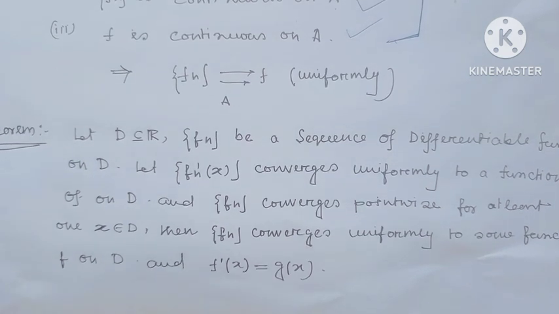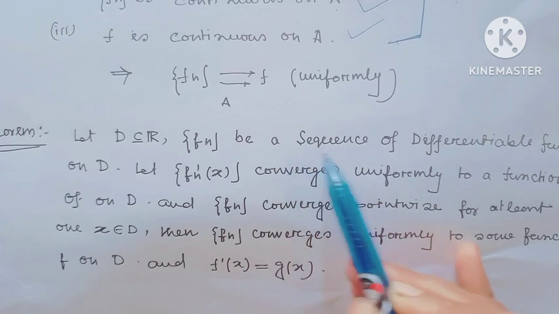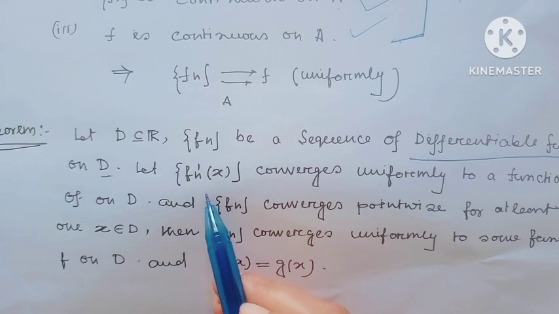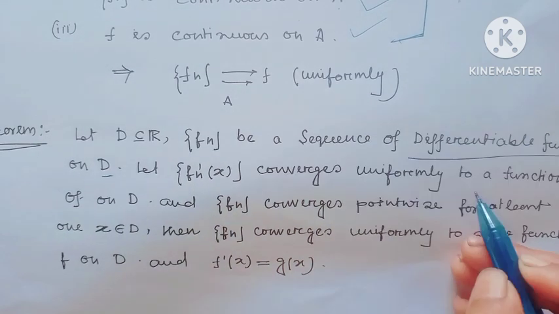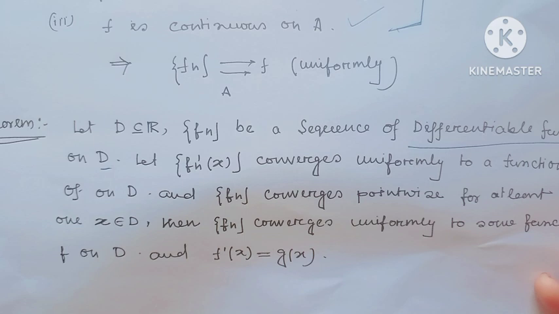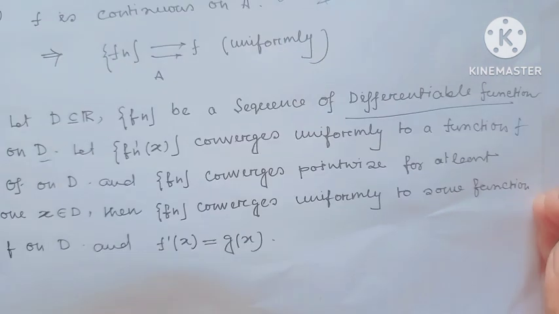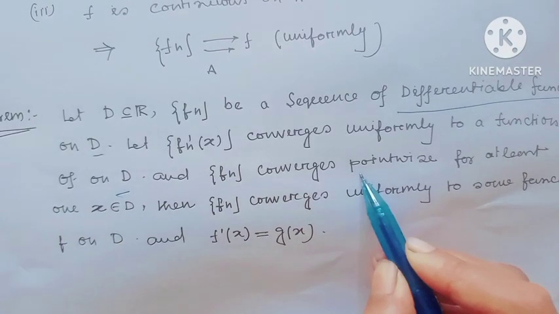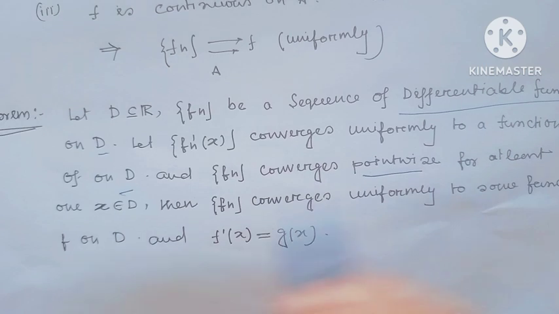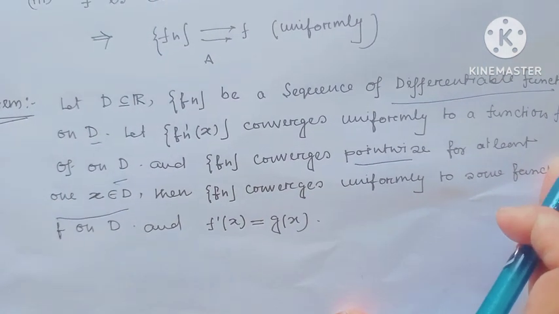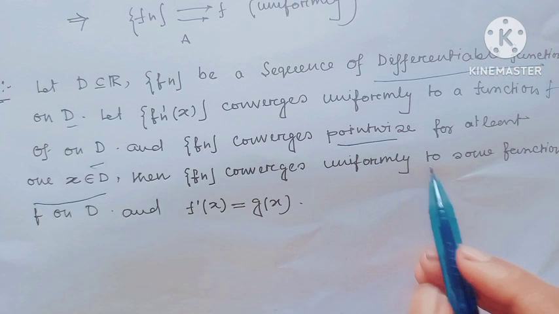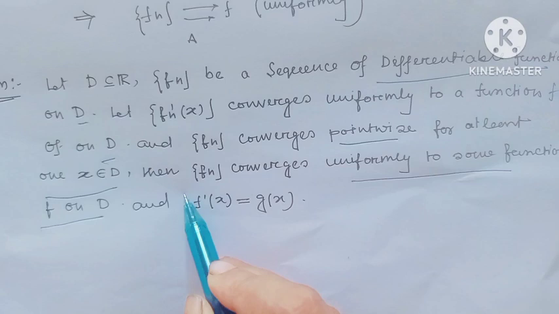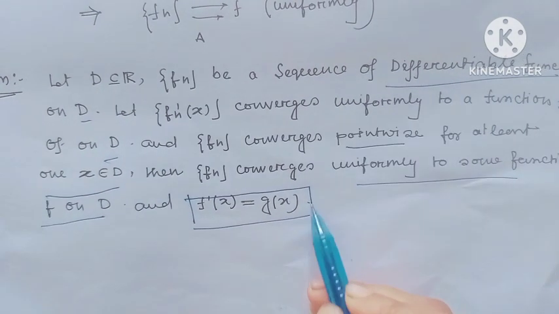The theorem is: let D be a subset of R and Fn be a sequence of differentiable functions on the set D. Let the sequence Fn dash converge uniformly to a function g on the set D, and the sequence Fn converges pointwise for at least one x belongs to D. Then the sequence Fn converges uniformly to some function f on D and f dash x equal to g x.